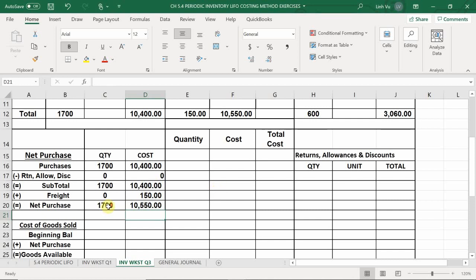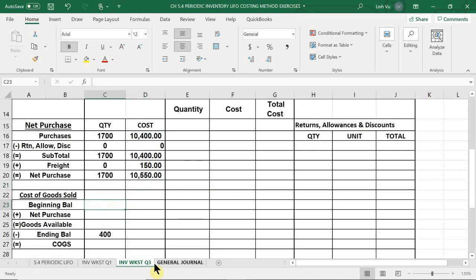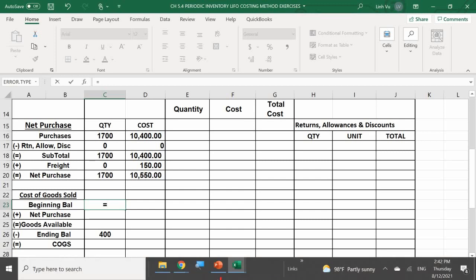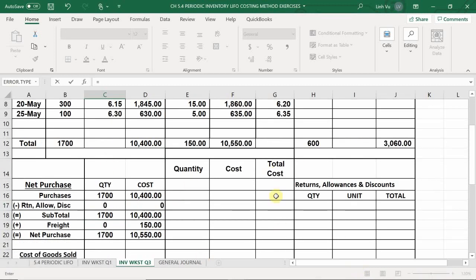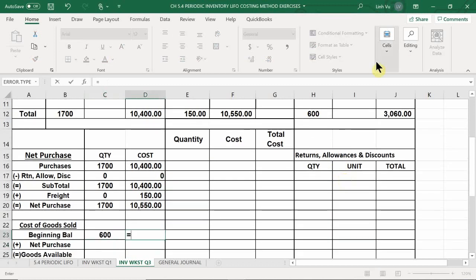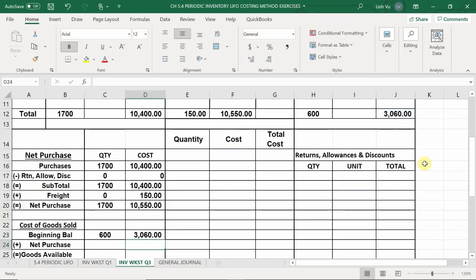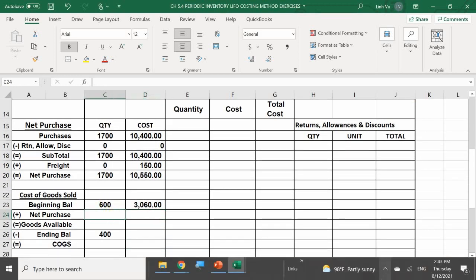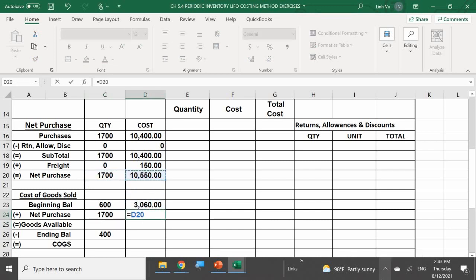Now here, did we have beginning inventory? Yes. How much was it? 600 units at a total cost of $3,060. Good. So we're going to carry our numbers from the net purchase. We purchased a total of 1,700 at 10,550.